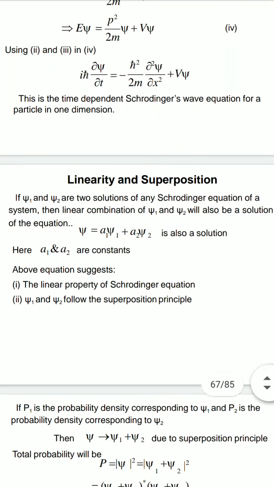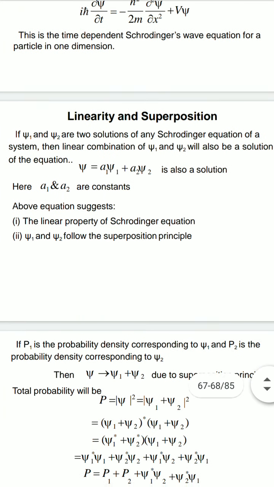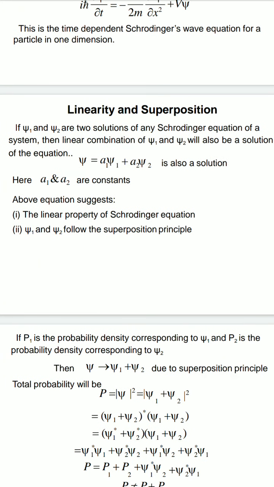Now if you have a linear combination psi is equal to a1 psi 1 plus a2 psi 2, where a1 and a2 are constants, the above suggests that it is a linear property of the Schrodinger equation. If one Schrodinger equation has two solutions psi 1 and psi 2, then it can have infinite solutions which are linear combinations of these two. Understood? So this is the linear property of the Schrodinger equation.